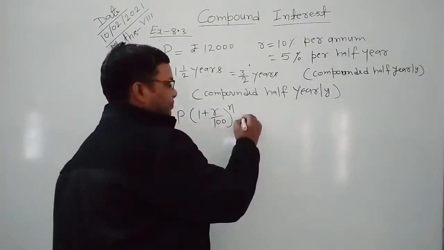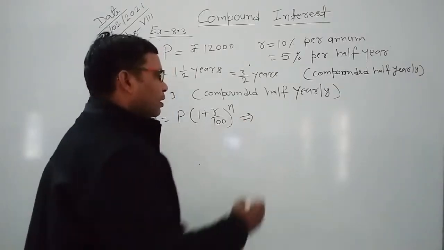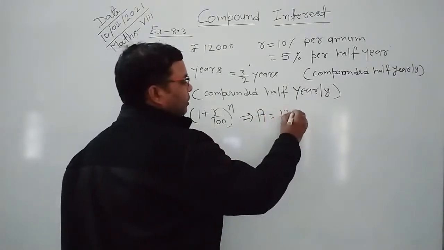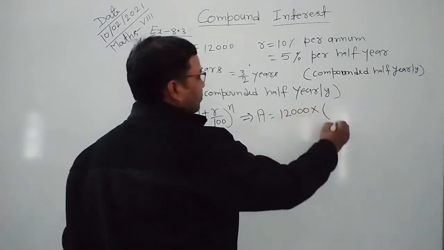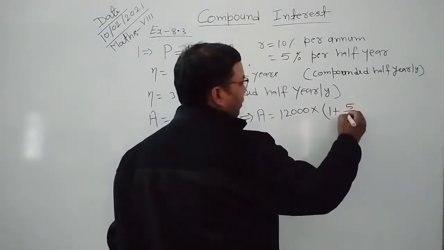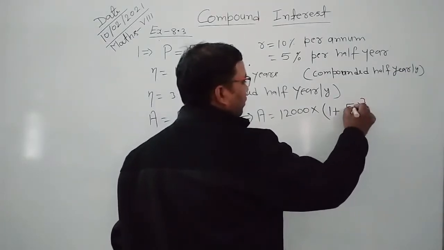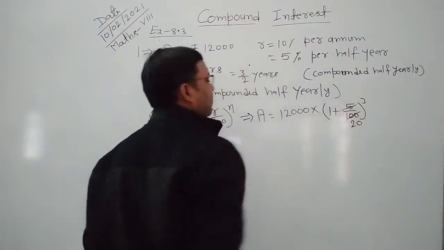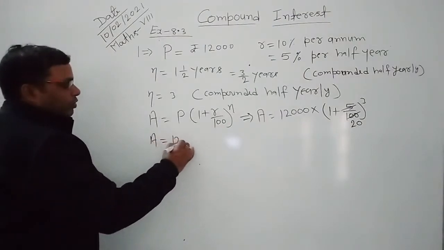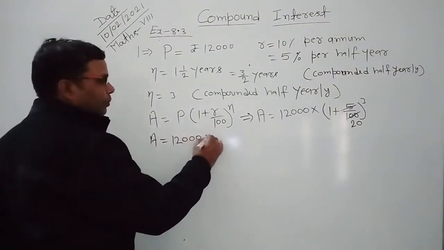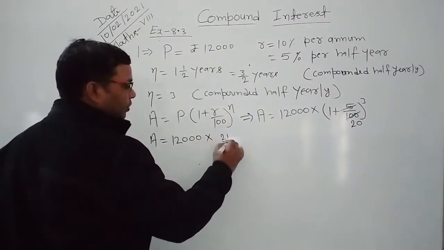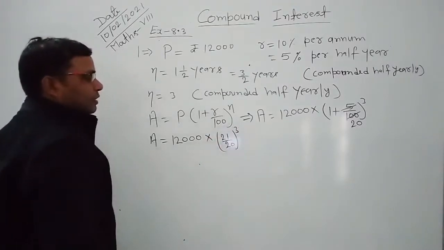This is clear now. So here A is equal to P, which is given here as 12,000, into 1 plus R, which is 5%, by 100, power 3. If you cancel them, then you get here 20. Or you can say amount is equal to 12,000 into 21 by 20 power 3.